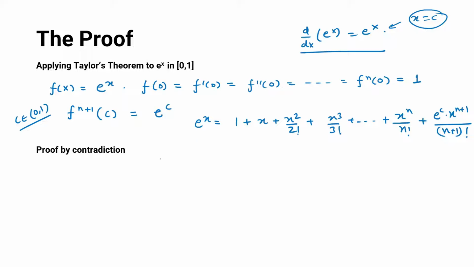Now what we are going to do is put x equal to 1 in this expression. What we're going to get is that e is equal to, and it's pretty natural to put x equal to 1, right? Because we are concerned with e. So that's what we're going to do.